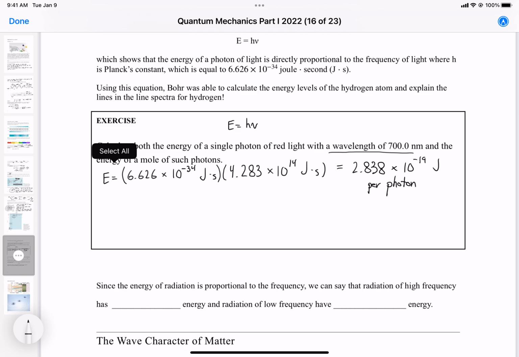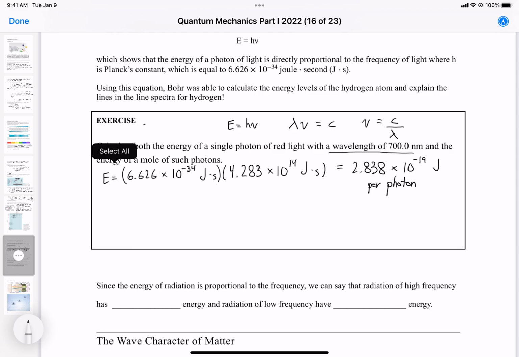Another thing we can do is this equation can also be represented differently. We know that wavelength times frequency equals c, so we can solve for nu, where nu equals c over lambda. Now this equation, E equals h nu, we can represent a little bit differently.